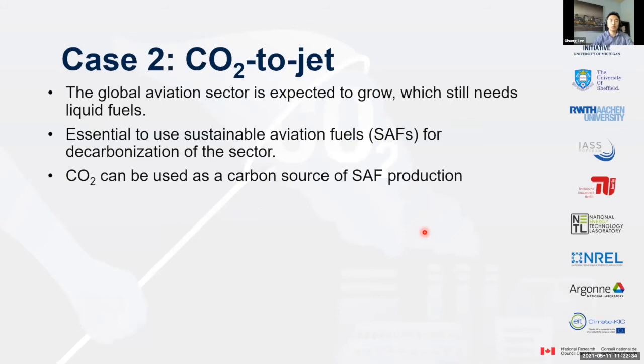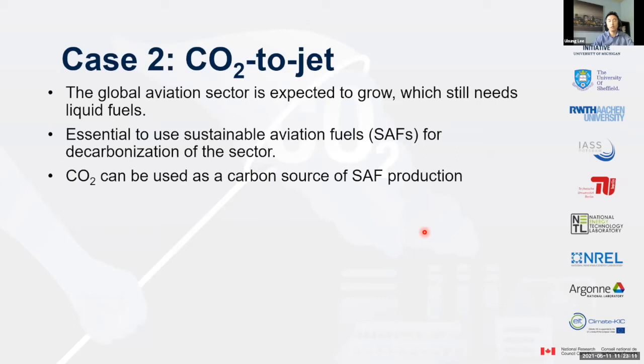And the second case that we are going to evaluate is CO2 to jet. The global aviation sector is expected to grow in the future. We expect that only a very small part of the global aviation sector could be electrified, but the majority of the aviation sector will need liquid fuels, high energy dense fuel. So the global aviation sector tries to use so-called sustainable aviation fuels, called SAF, to decarbonize the sector.